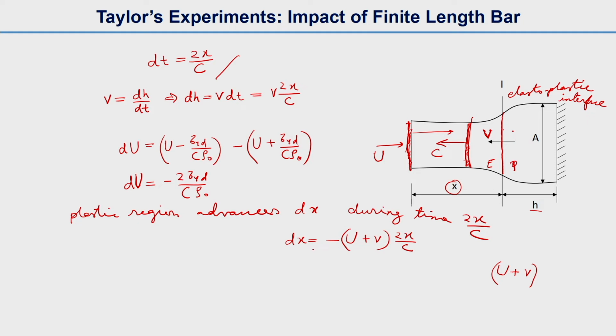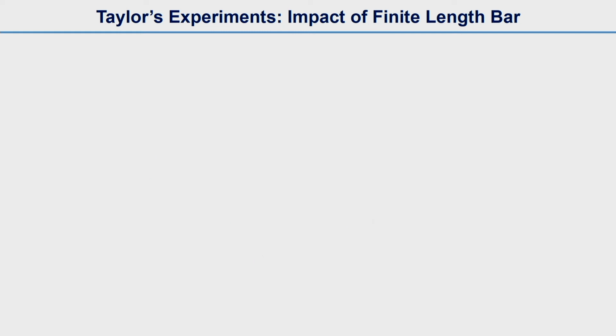We are writing minus because the plastic region advances from right to left, which is opposite to the impact velocity, so minus u plus v multiplied by the time twice x by c.